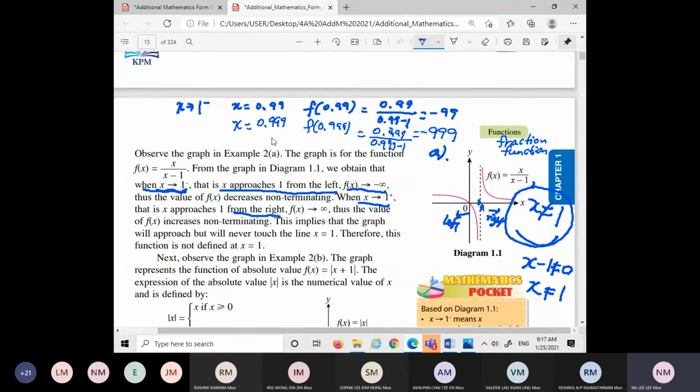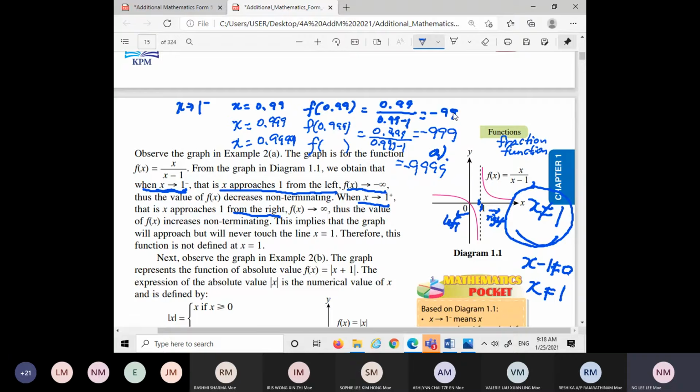So actually you can continue. Just now 0.999, I got negative 999. You can see now it's very, very close to 1 already. Actually you don't have to use a calculator. You already know this answer will be negative 9999.